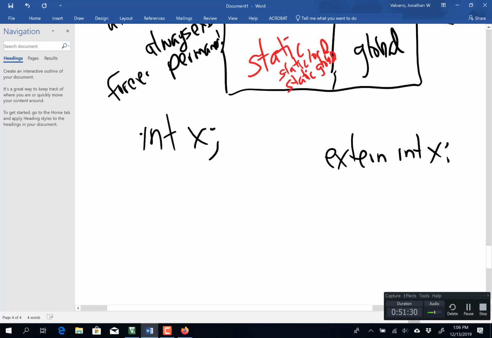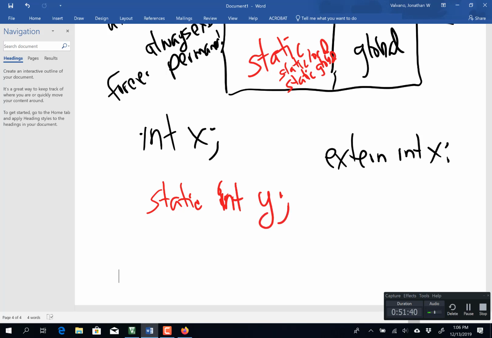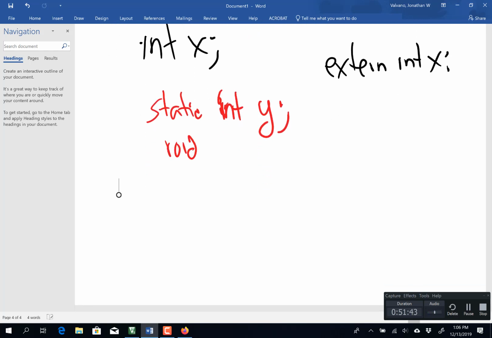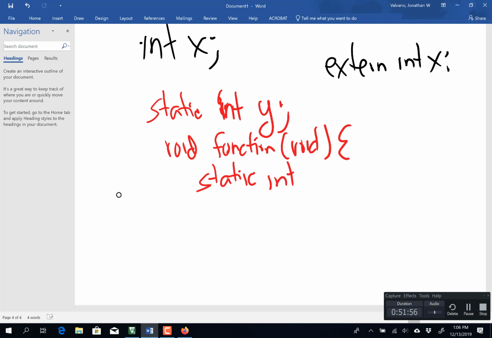So if I were to go static int y, and then if I have some sort of function, where is y located?